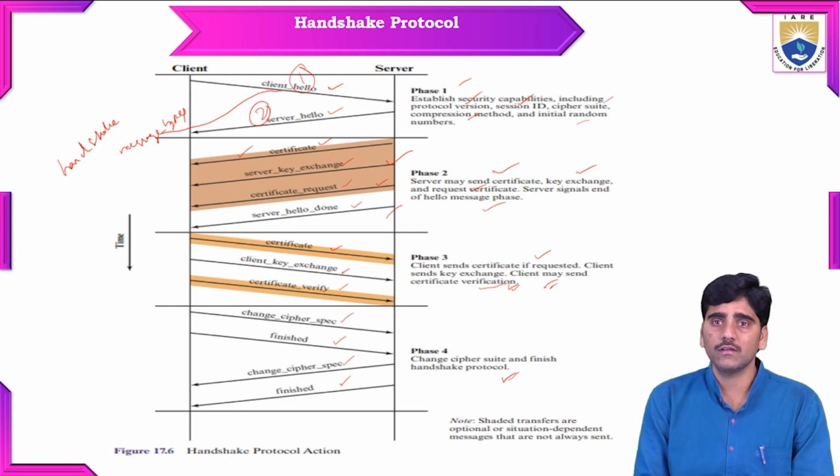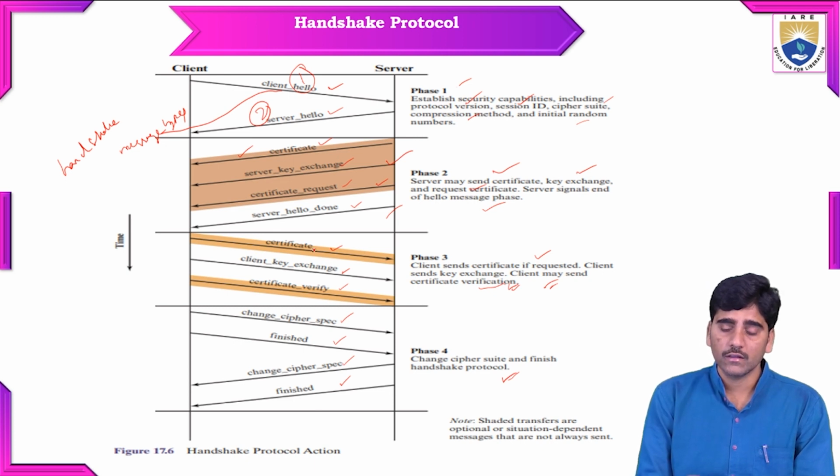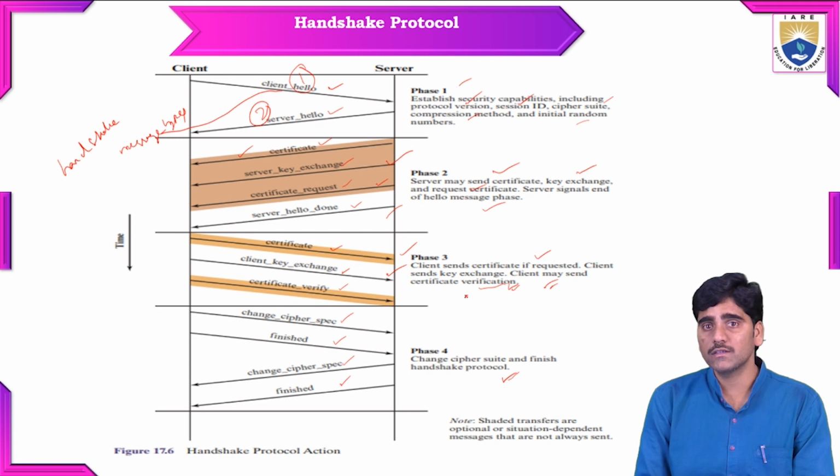Now it is the status of client sends request, client sends responses. So how does the client send responses to the server requests? Here the client sends the certificate which is requested by the server, and the client sends key exchange also. The next, the client verified with the certificate requested by the server.